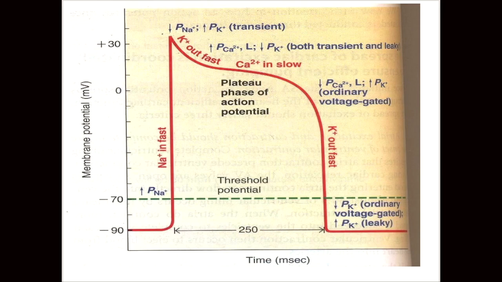They are responsible for repolarization and they also contribute to the plateau. Now, what is the role of the sodium-potassium ATPase? Basically, the sodium-potassium ATPase reverts back the ionic composition of the cell during the resting membrane potential.